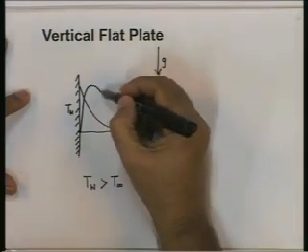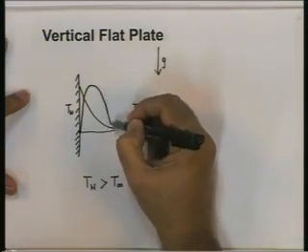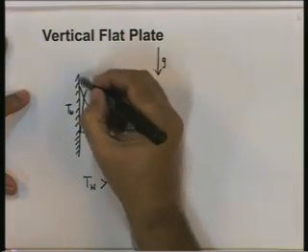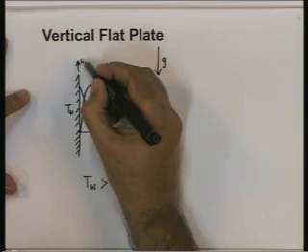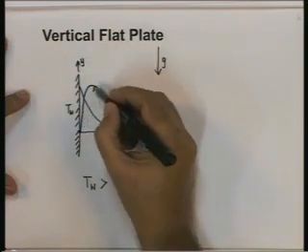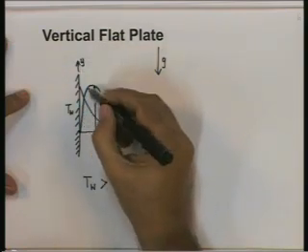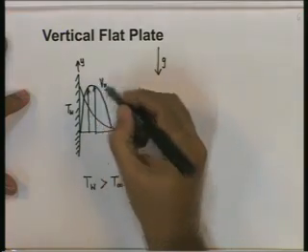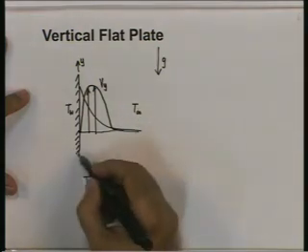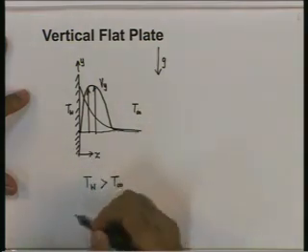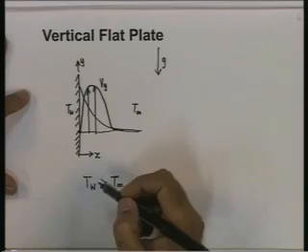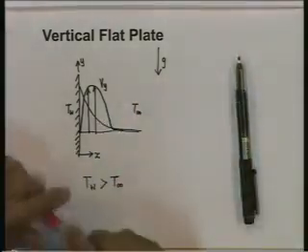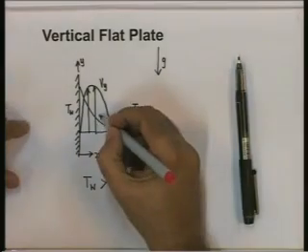So buoyancy forces decay off and you will end up with a velocity profile something like this. If this is the y direction, this would be the velocity profile, Vy. It would be a function of x. And this is the temperature profile T.